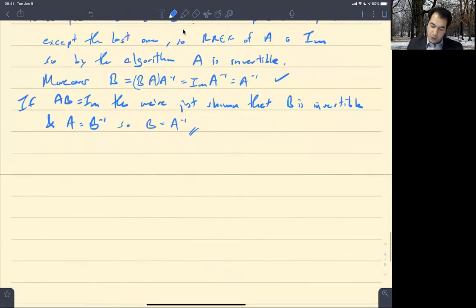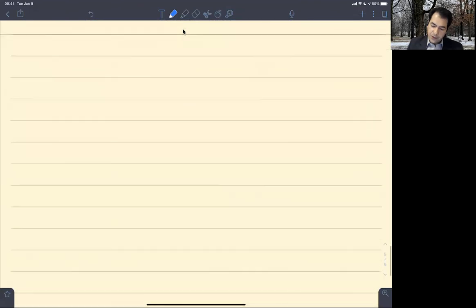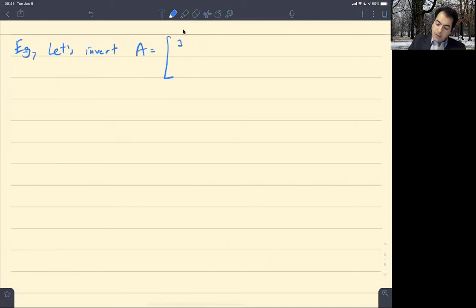Okay, let's do an example. See how this works. So let's invert the matrix A given by 3, 2, 1, 2, 3, 1, 1, 2, 3. So this is the matrix from the system of equations from ancient China that we saw in the first lecture.